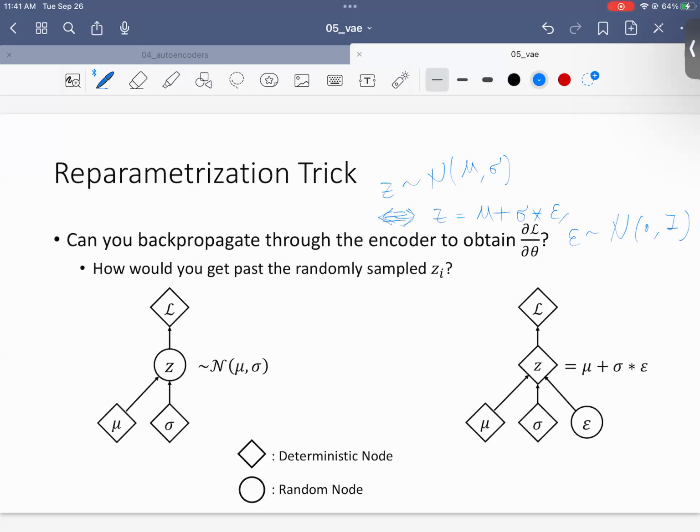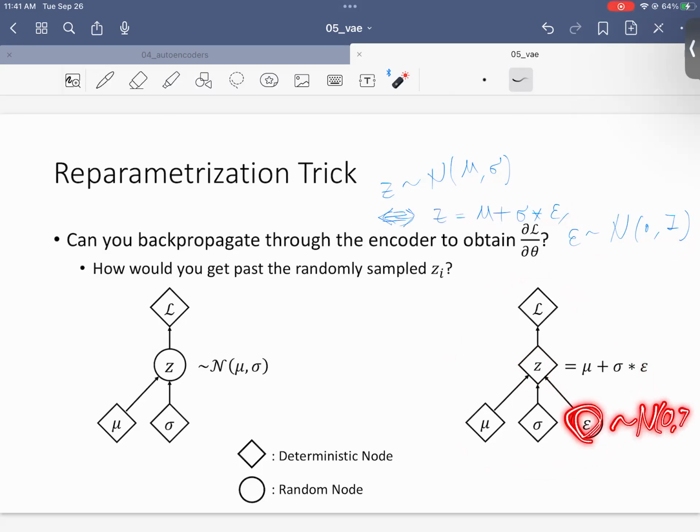So this is what that depicts. Instead of having your Z be random, you set aside the randomness to this other node here, epsilon, which follows a standard Gaussian distribution. That was epsilon, not Z. So now you can safely backprop all the way back to your q theta.